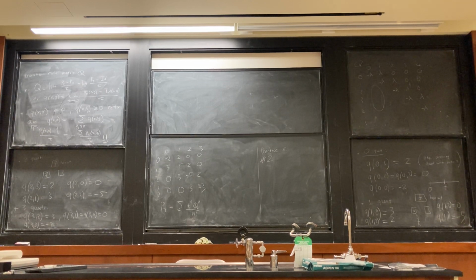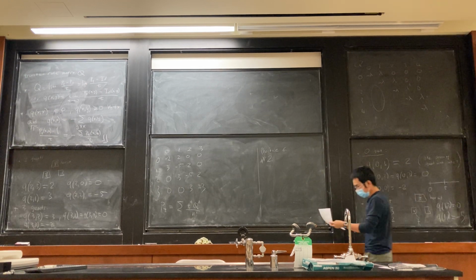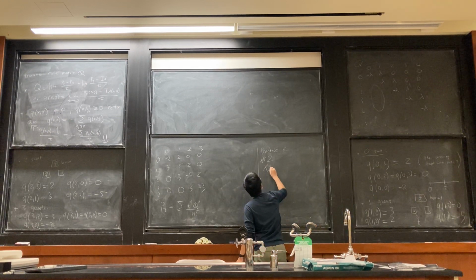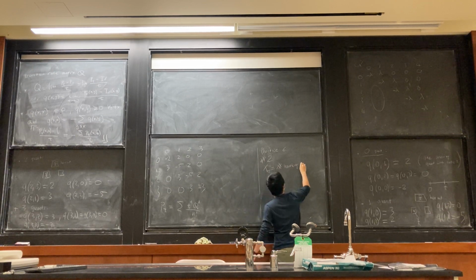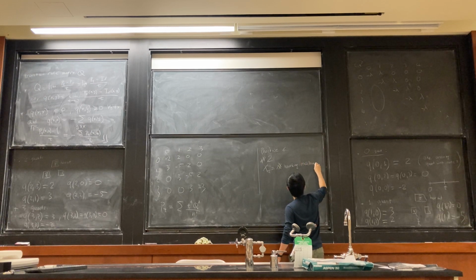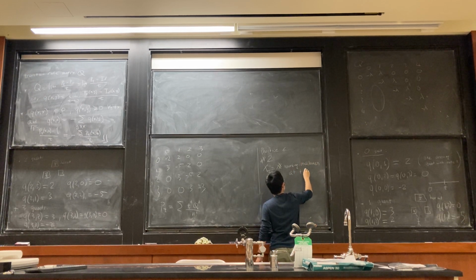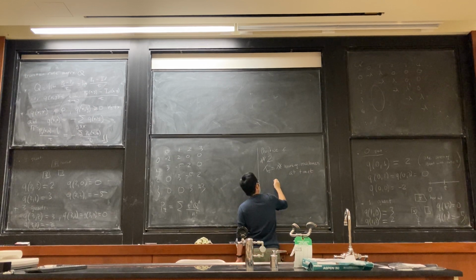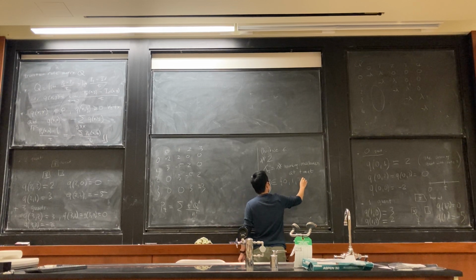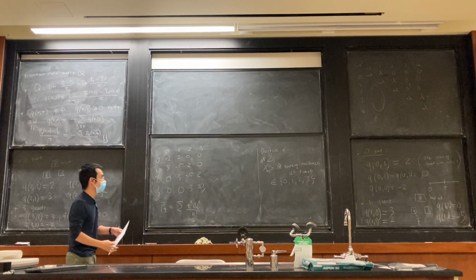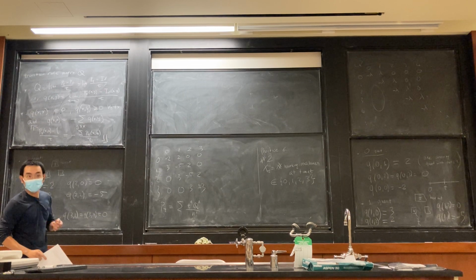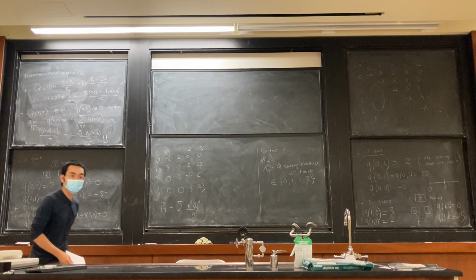Alright. So let X_t be the number of working machines at time t. So now the model, the state space is still 0, 1, 2, 3. I can only have at most 3 working machines at one time, and the minimum is 0.